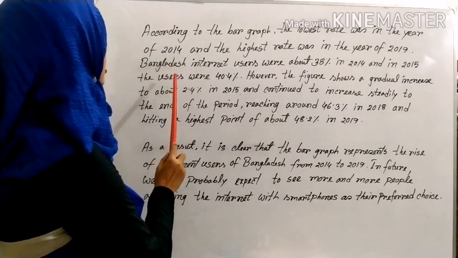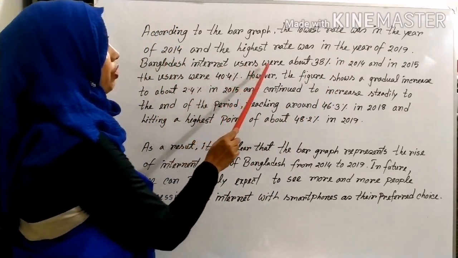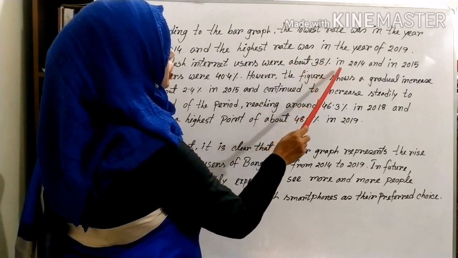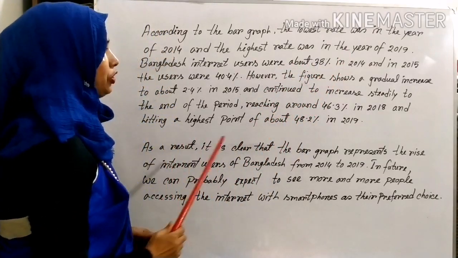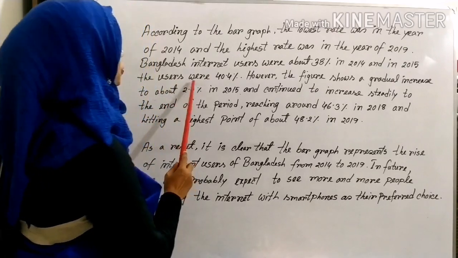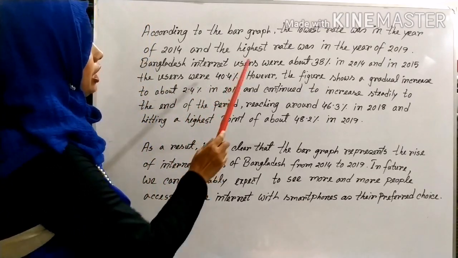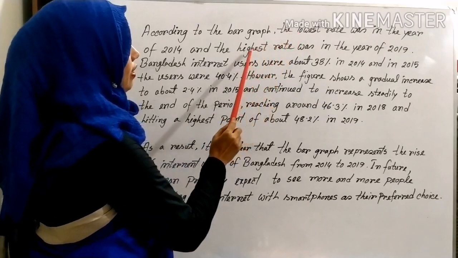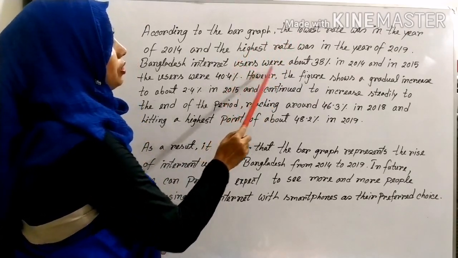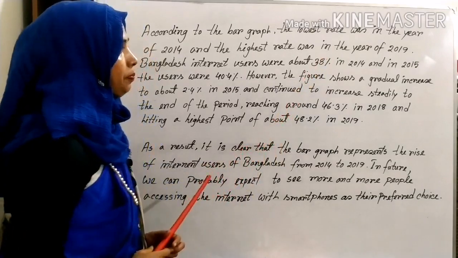After that you will write, Bangladesh internet users were about 38% in 2014 and in 2015 the users were 40.4%. That means after mentioning the lowest rate and the highest rate, you will write down the percentage specifically.